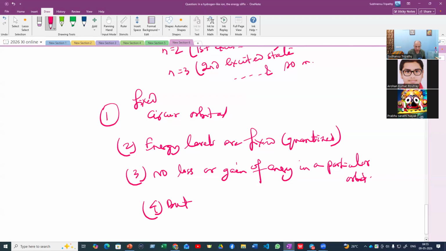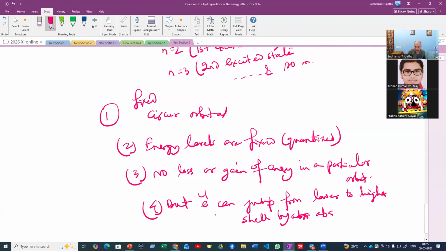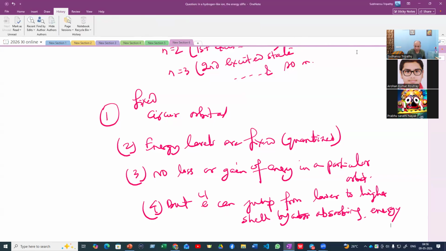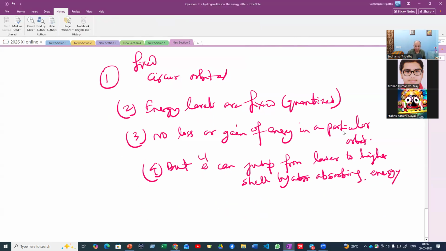But the electron can jump from a lower to a higher cell, higher orbit or cell, by absorbing energy, an appropriate amount of energy, and higher means excited state.